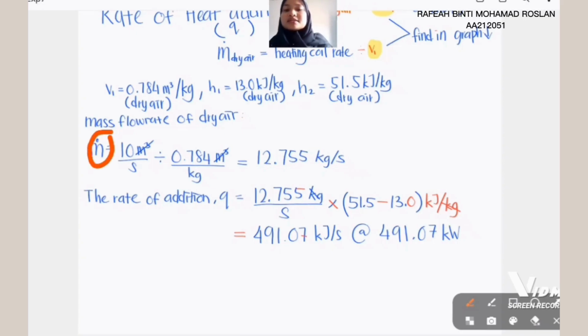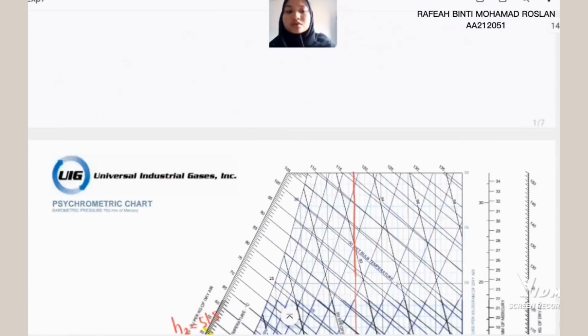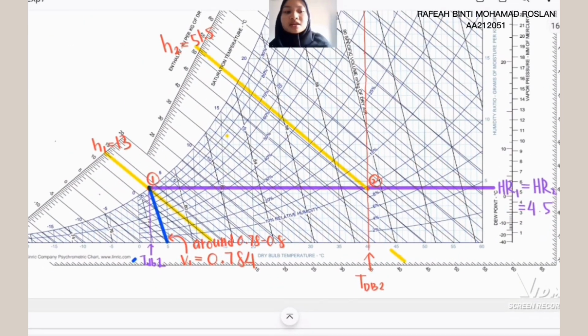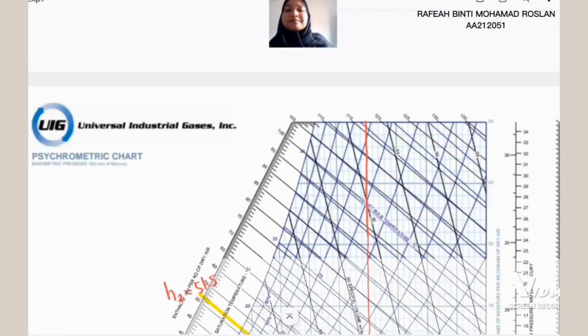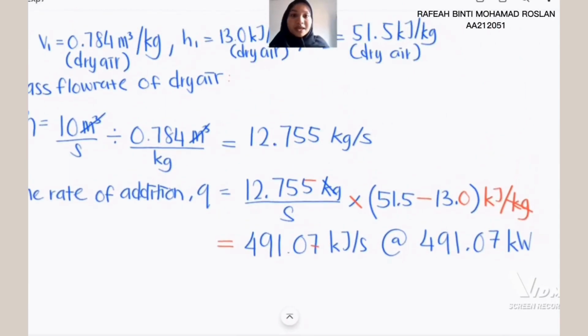By using the equation I mentioned before, 10 divided by 0.784, which is the specific volume of the dry air. We can find the specific volume of dry air here, with the blue line, by making a line parallel with the specific volume line.